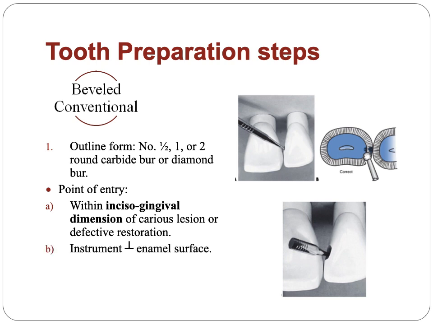The instrument should be held perpendicular to the enamel surface, as you see in the photos. The neck of the bur should be as far as possible in the embrasure, and you can see that we will try to tilt the bur toward the adjacent tooth, and the neck should be in the embrasure area. This will help you in preserving more enamel on the lingual surface of the tooth that you are preparing.